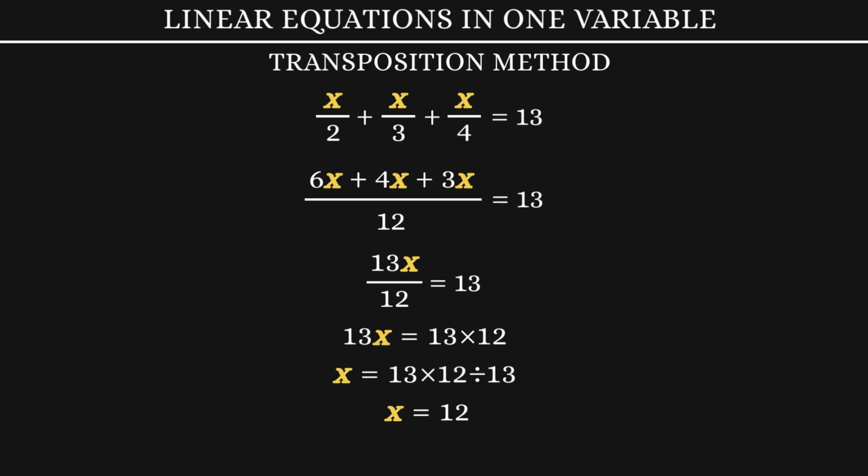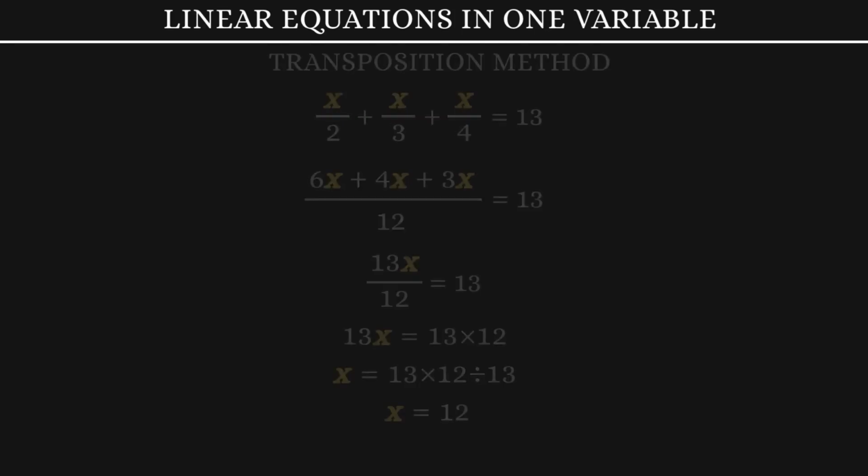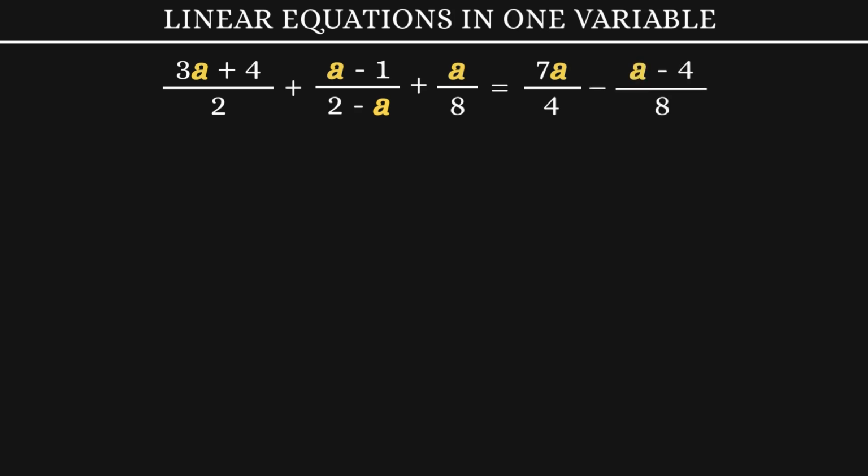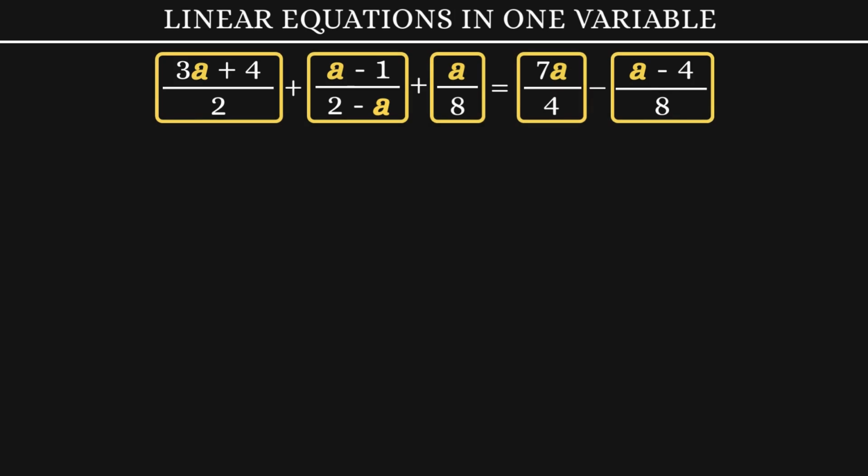With that, we come to our final question. 3a plus 4 by 2 plus a minus 1 by 2 minus a plus a by 8 is equal to 7a by 4 minus a minus 4 by 8. All the terms in this equation are fractions and they all have the variable a.